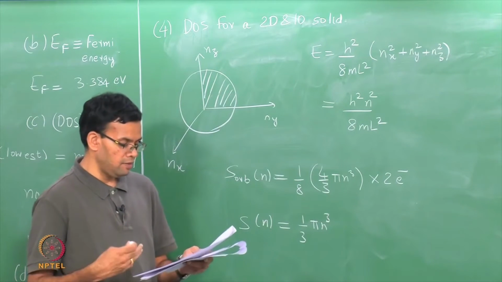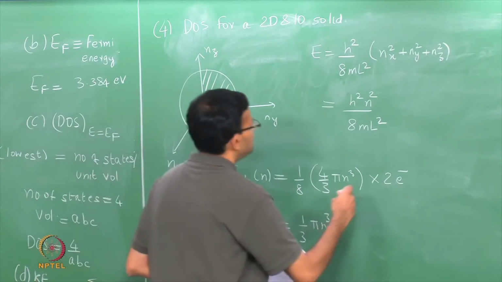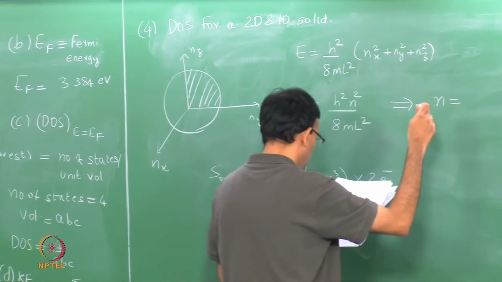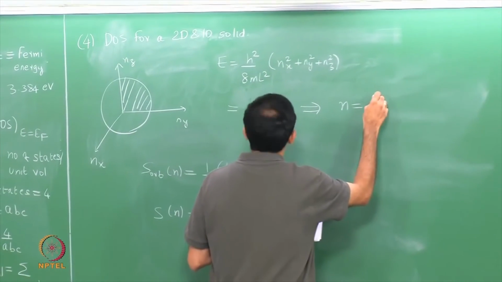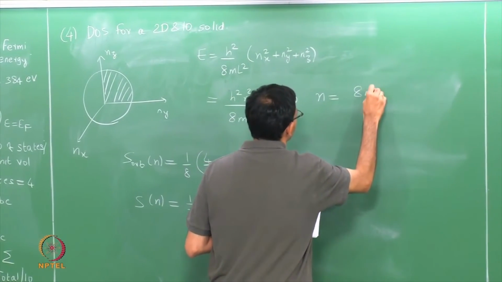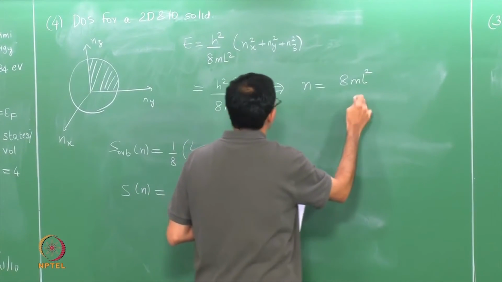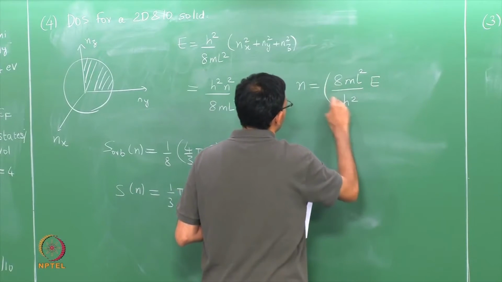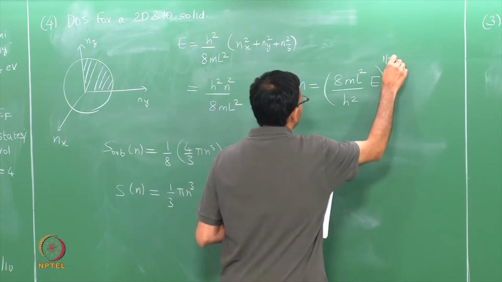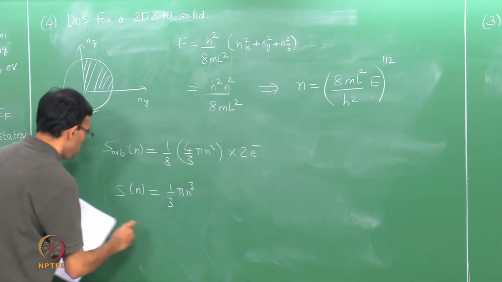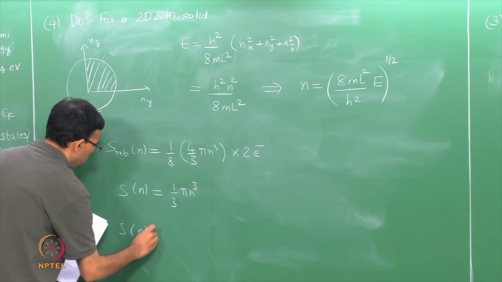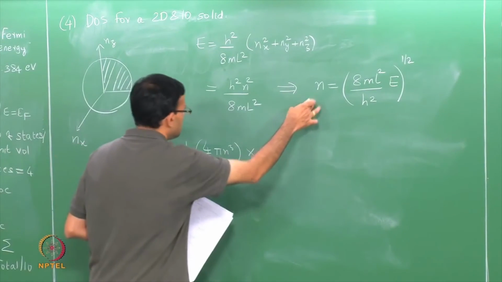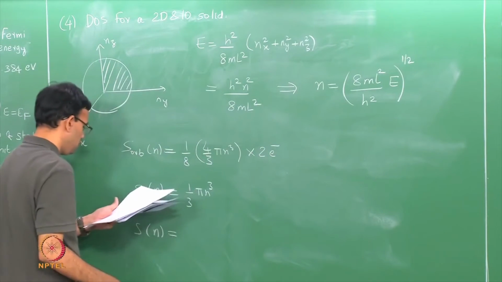So, we can write n in terms of energy. If we use this equation, n is nothing but 8 m L square over h square times E, whole to the square root. So, S of n we can write in terms of energy by just substituting the value of n here.